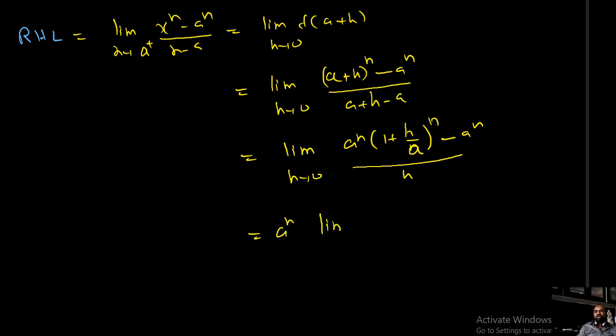So the limiting value of ((1 plus h by a) whole power n minus 1) by h, h is tending to 0. Okay. I want to write in the next line. What I am getting: a power n into the limiting value of 1 by h of ((1 plus h by a) whole power n minus 1), h is tending to 0.